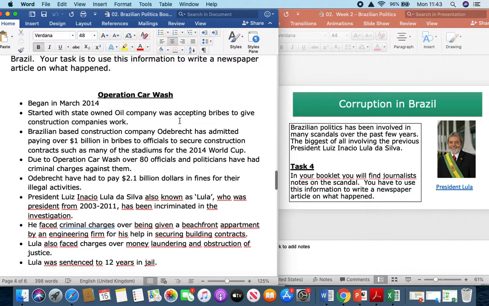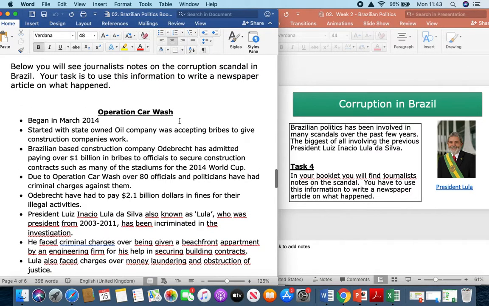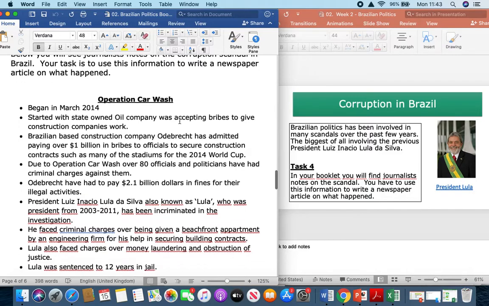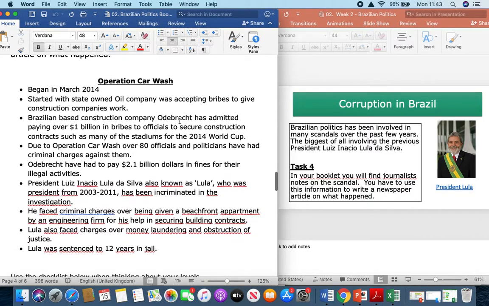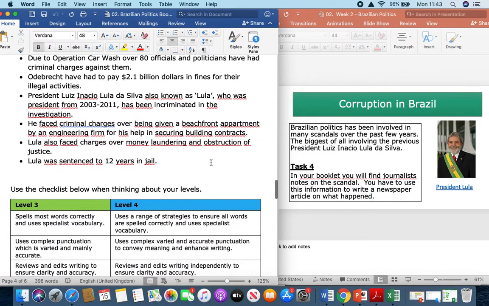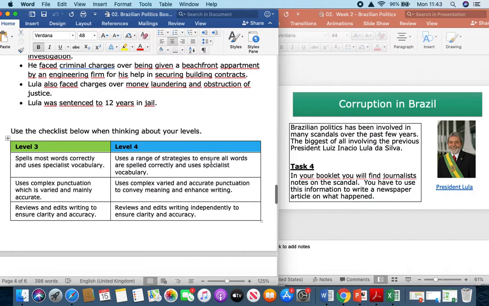A state-owned oil company was accepting bribes to give construction work to companies. A Brazilian-based construction company has admitted to paying over $1 billion in bribes in order to secure construction contracts dealing with the 2014 World Cup. So basically, lots of corruption going on there.